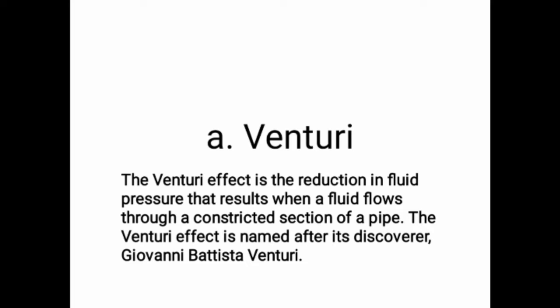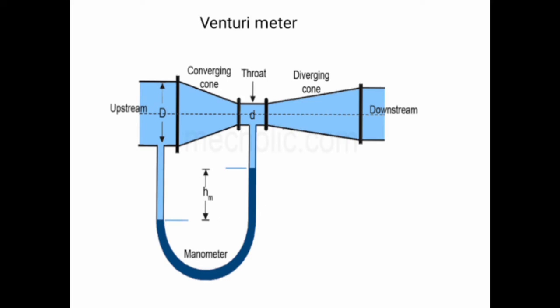So number one, under it is the obstruction or rate methods. The Venturi effect is the reduction in fluid pressure that results when a fluid flows through a constricted section of a pipe. The Venturi effect is named after its discoverer Giovanni Battista Venturi.